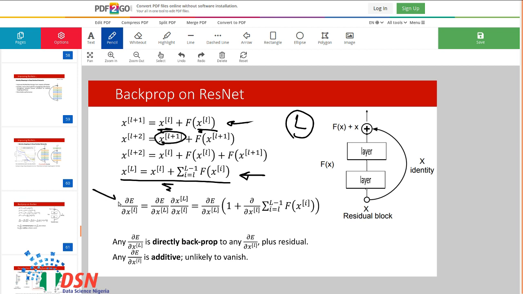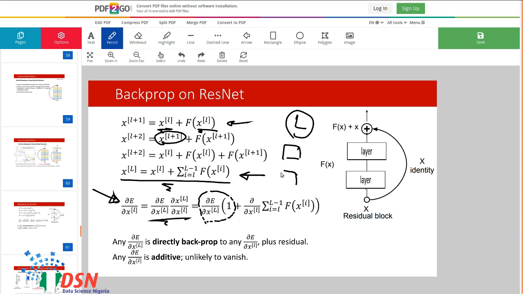Okay, now if we calculate the gradient of the error with respect to the parameters of the L layer, which is used in backpropagation, then using the chain rule, we could see that we always have this term, which is actually not a small number. So this is the gradient of the last layer, and it directly backpropagates to all of the layers.